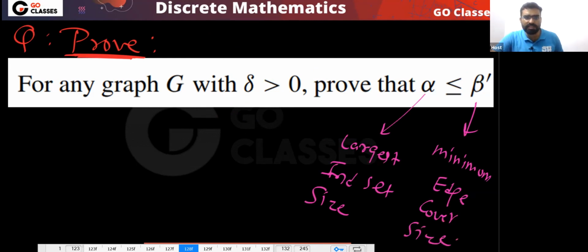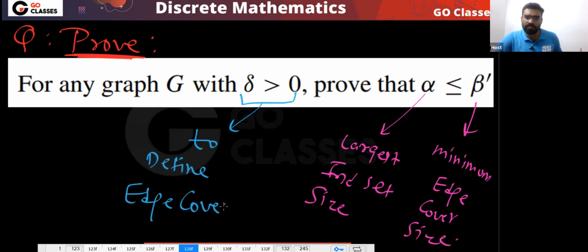So we have this condition so that we can define edge cover. Else edge covering will not be defined. Only in this case is edge cover defined.